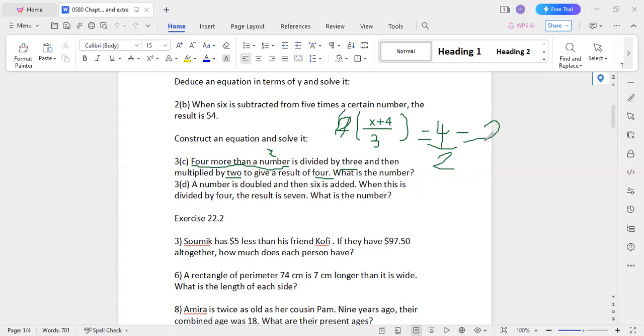So x plus 4 over 3 is 2. x plus 4 will be equal to 3 times 2, which is 6. x is actually equal to 2. So one of you got it right. Can anyone notice why? Because 2 you multiply by the entire thing to get 4.